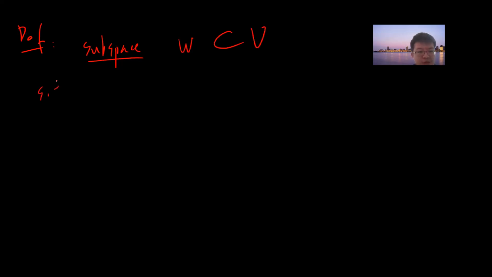Now we can define a subspace. A subspace W is a subset of V such that W is also a vector space.